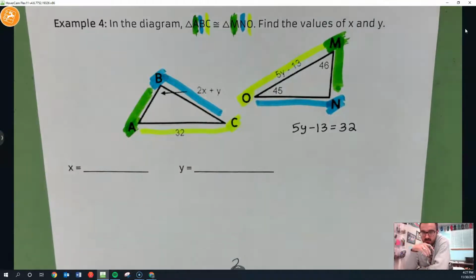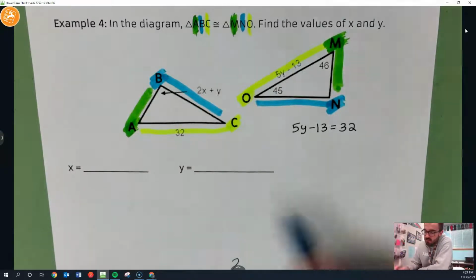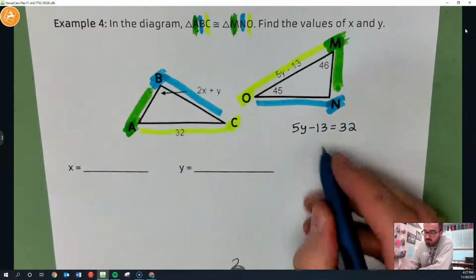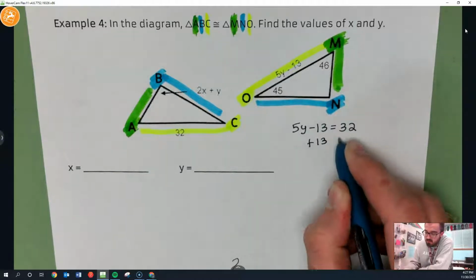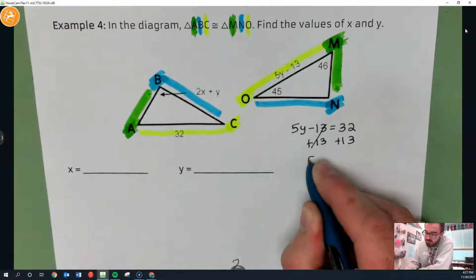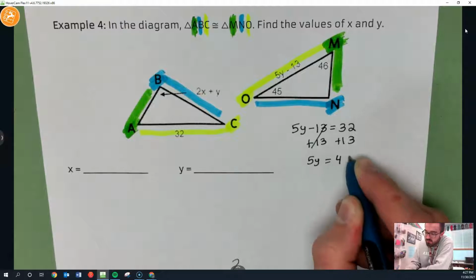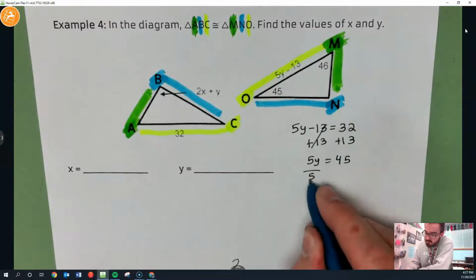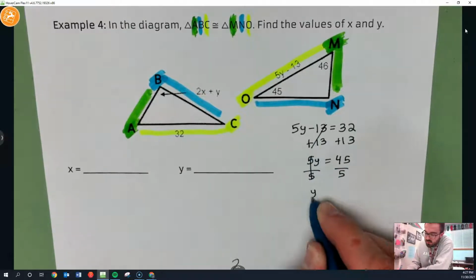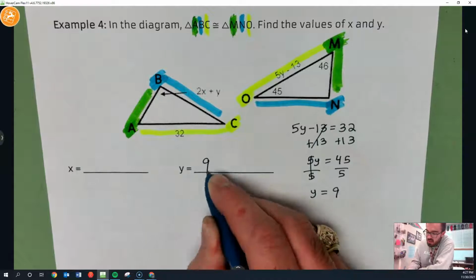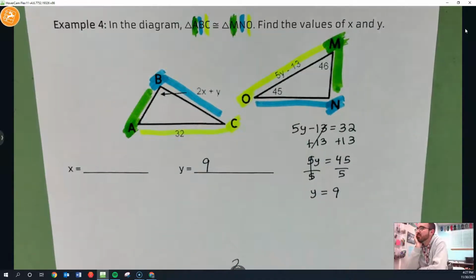Anytime they match, you can set them equal to each other. Same with angles. Now we have an equation and we can solve this for y. Add 13 on both sides, we get 5y equals 45. Divide both sides by 5, y equals 9. Okay, so we've got y.